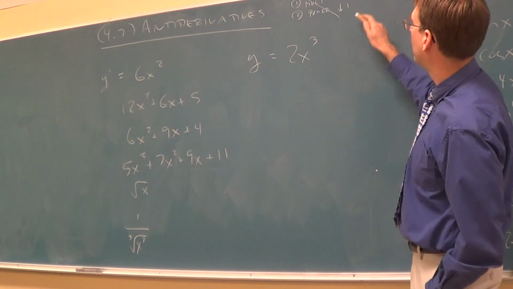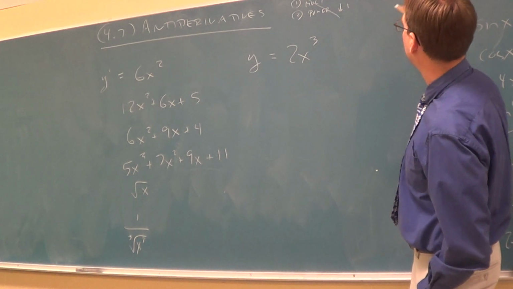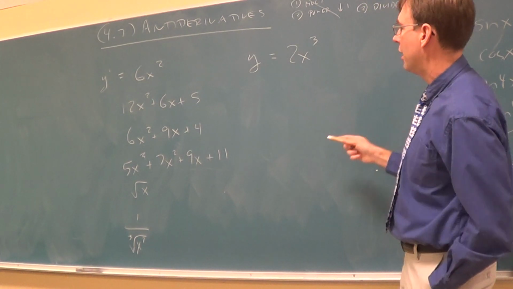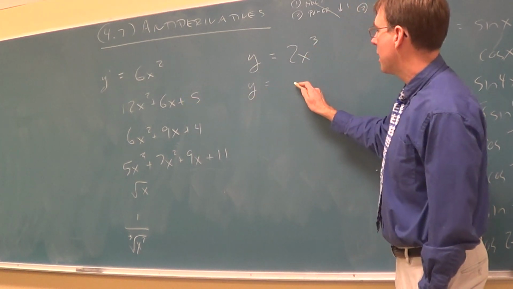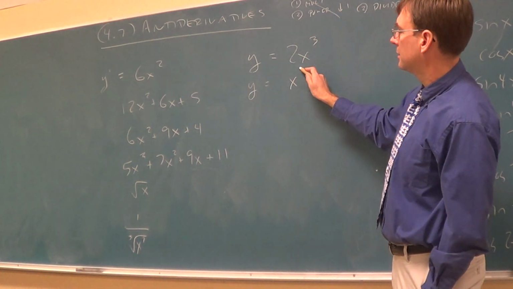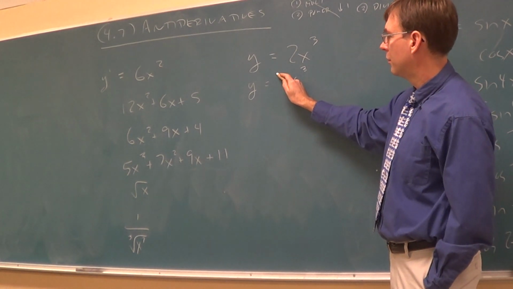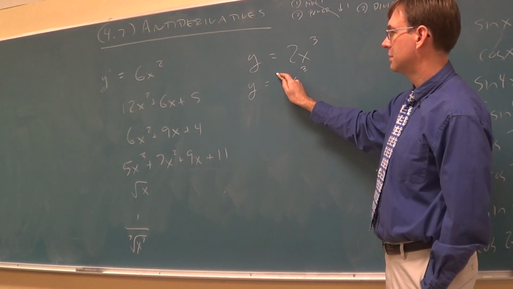So this is out. So step 1 is now power up 1. Step 2 is divide out front. So x squared becomes x to the third, with 12 becoming, 12 won't be 6, 12 will be 4.